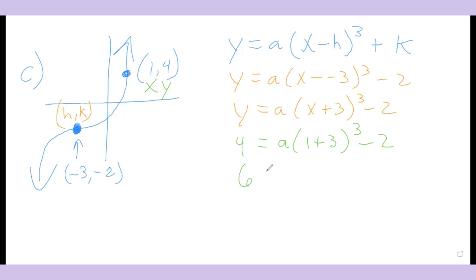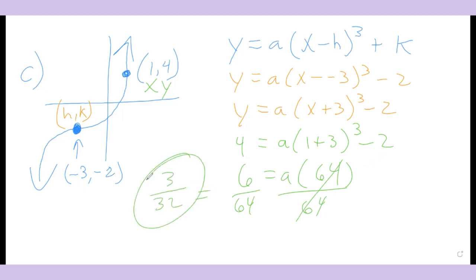And then in here, you should have 64 because you go 1 plus 3 is 4, 4 to the power 3 is 64. And then divide, reduce that fraction if you would like, and boom, that is the value of A, which goes in right there for the value of A.